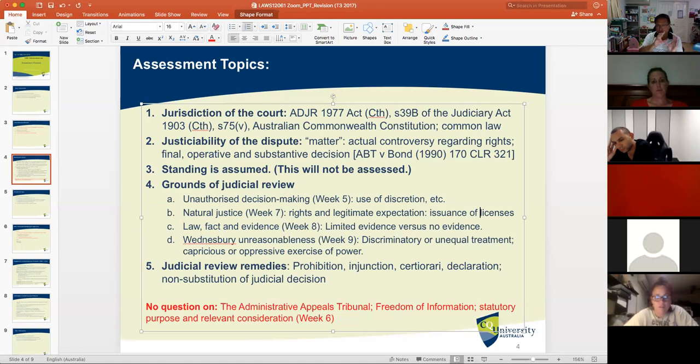We're talking of the Judiciary Act of 1903 or the Australian Commonwealth Constitution. The writ of prohibition is only against an officer of the Commonwealth. If we rely on prohibition as a common law judicial review remedy, the requirement is that the decision maker is required to act judicially. Okay? Now, there is no such requirement as far as an injunction is concerned. An injunction can be issued against anyone.